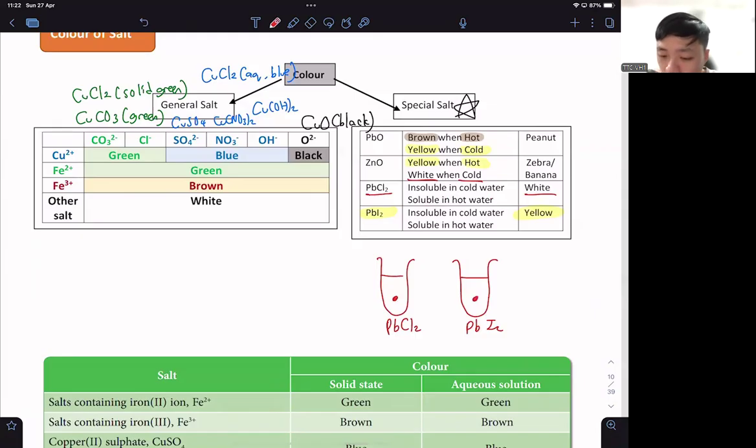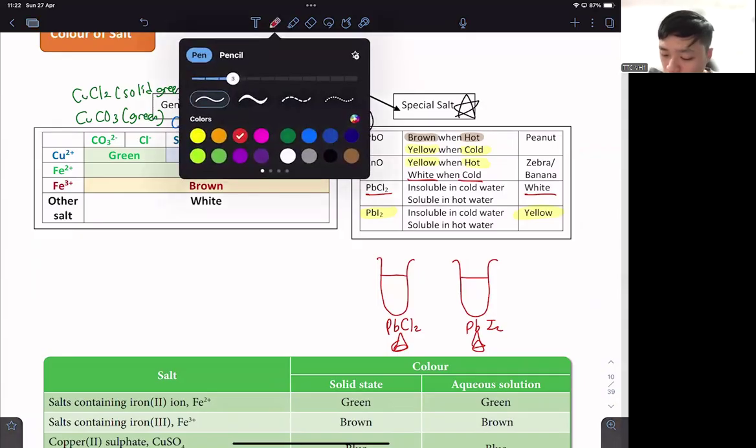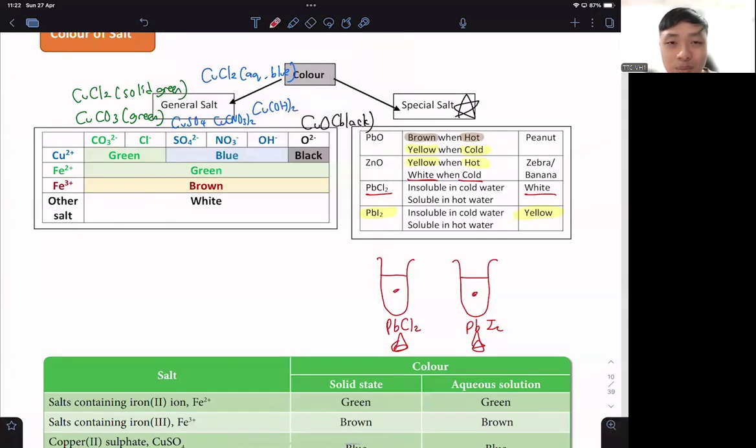But when you heat, the precipitate will disappear. When you cool down again, the precipitate comes back, just like magic. When you heat, the white thing dissolves; when you cool down, it comes back again. So insoluble in cold water, soluble in hot water.